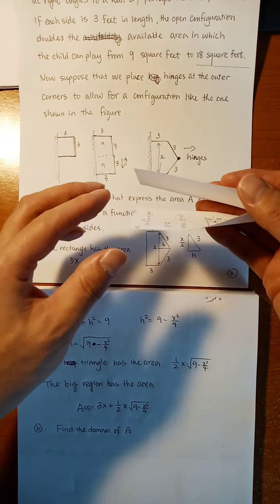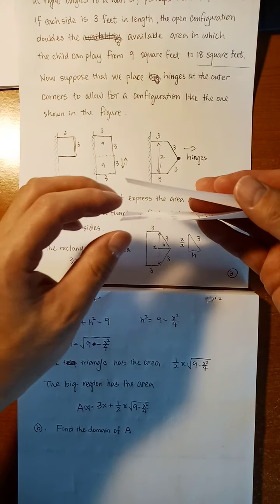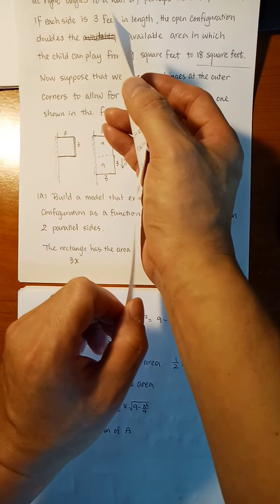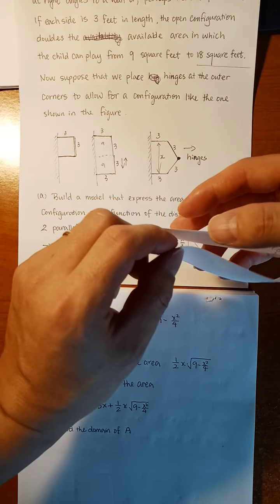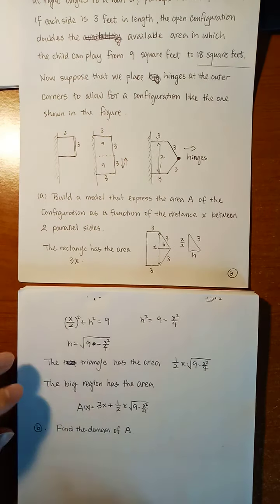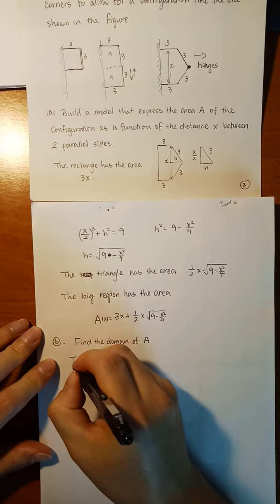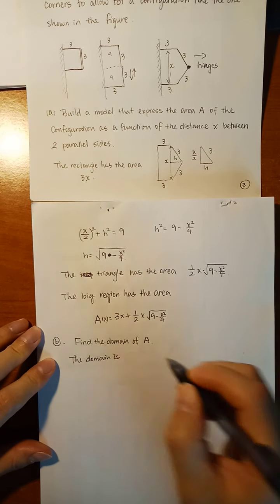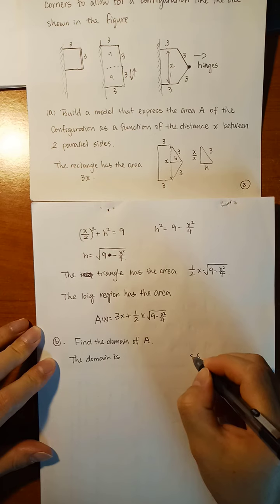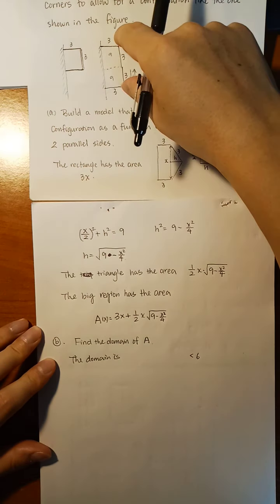It's difficult to control those pieces by paper. When you push it back here, the distance becomes bigger and bigger, and here it gets smaller and smaller. So the domain: the greatest possible value is 6, 3 plus 3.